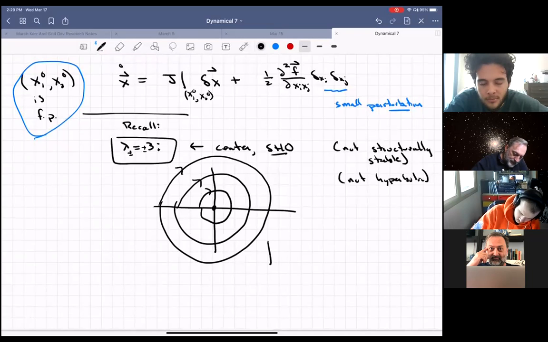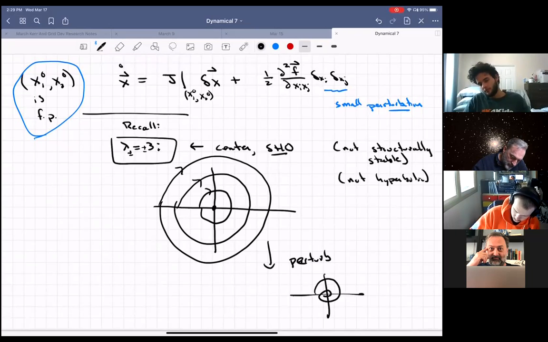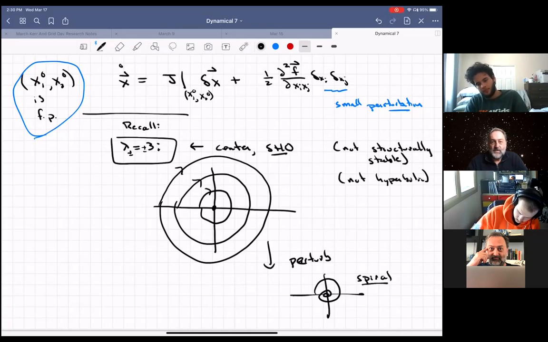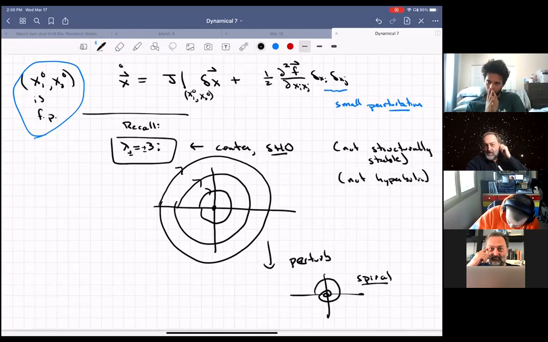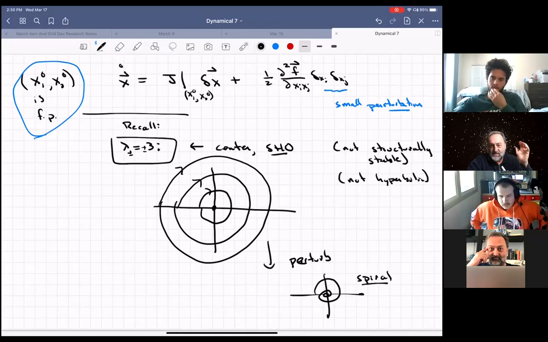So if you perturb this, what you get is a spiral. So this is why centers are not structurally stable, right? Any perturbation to the system is going to basically knock it out of being this little simple system and cause it to drop into some sort of spiral.